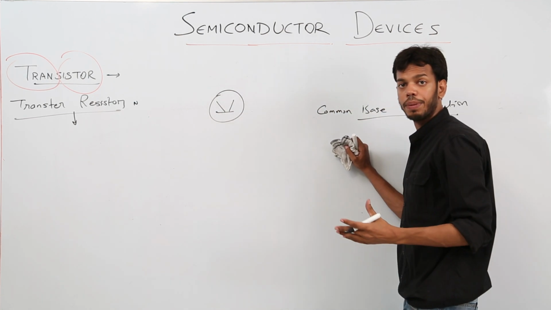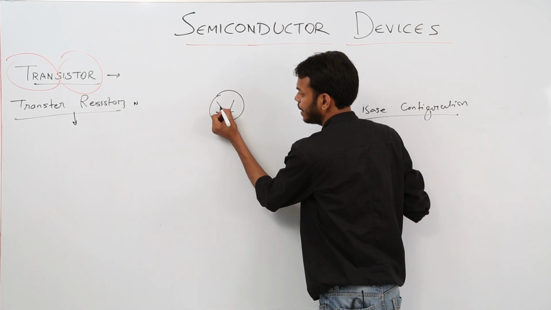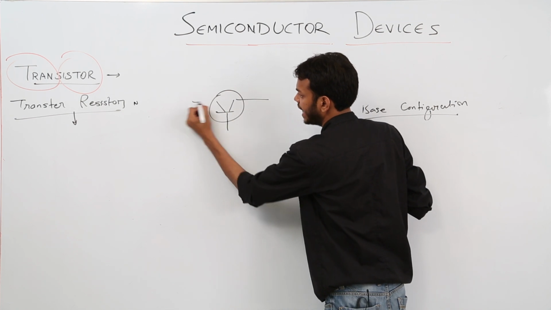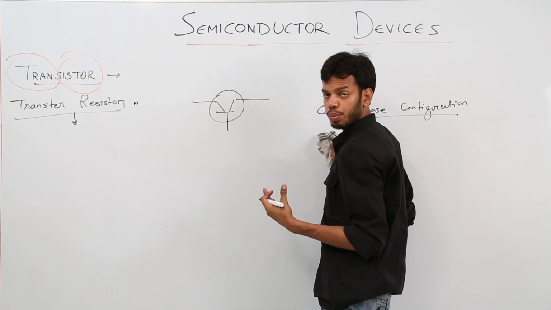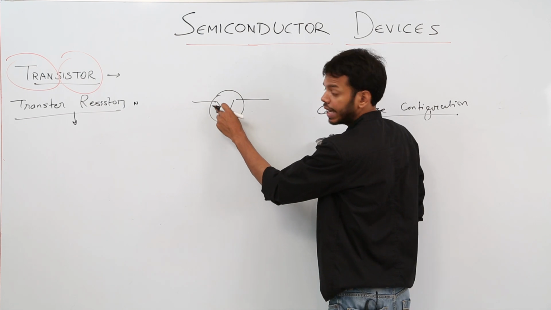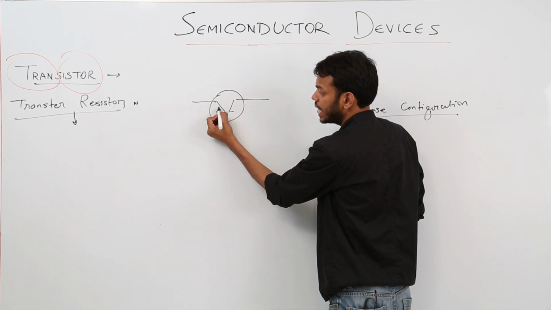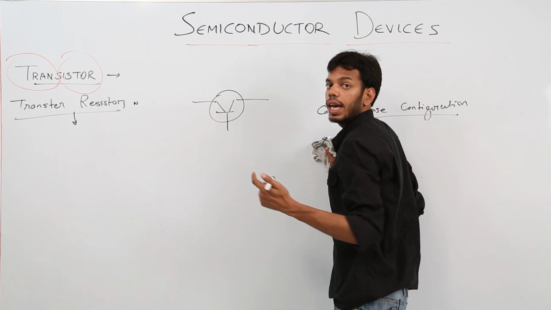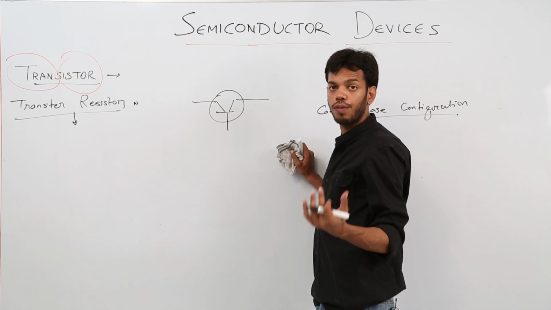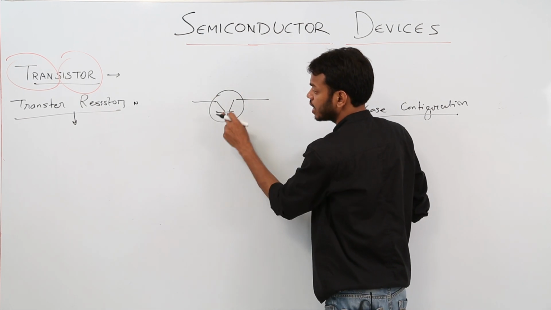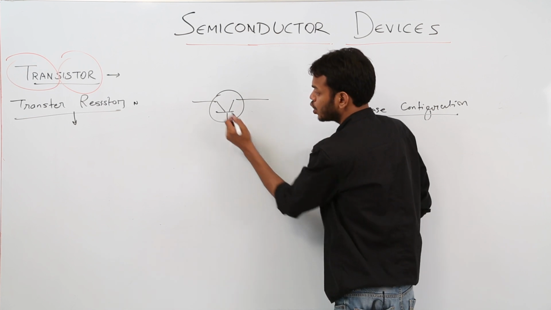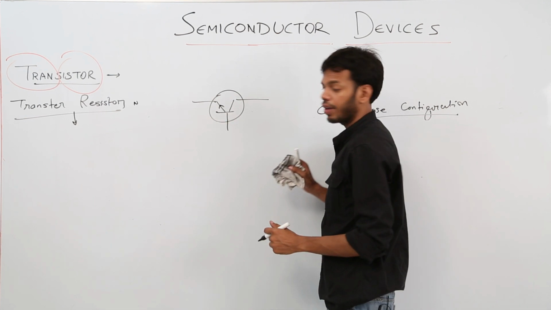We are doing it for an NPN transistor each time. So to make it NPN, where should the arrow be placed? If this part is the emitter, the arrow will be placed outwards or inwards? The arrow is placed according to the direction of flow of current. This is an NPN. This part is positive, this part is negative, so positive to negative will be the direction of the arrow.